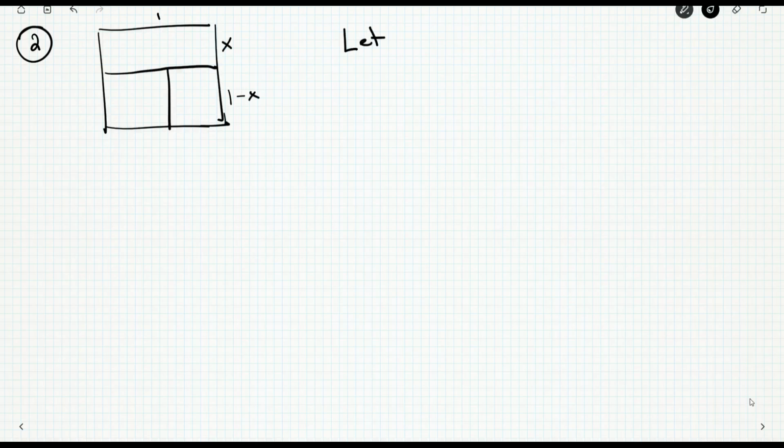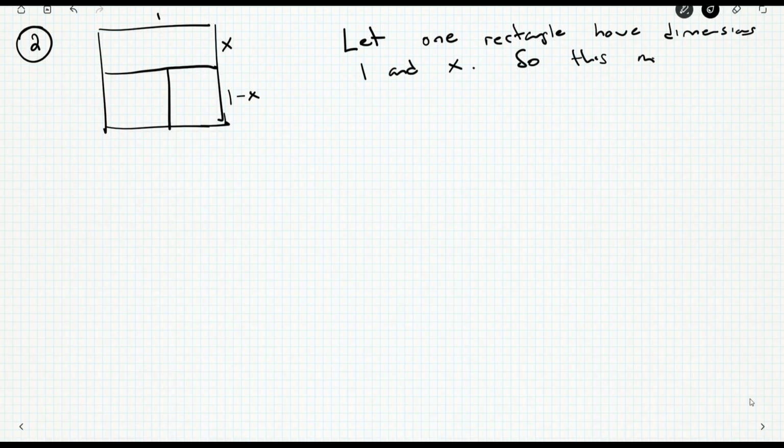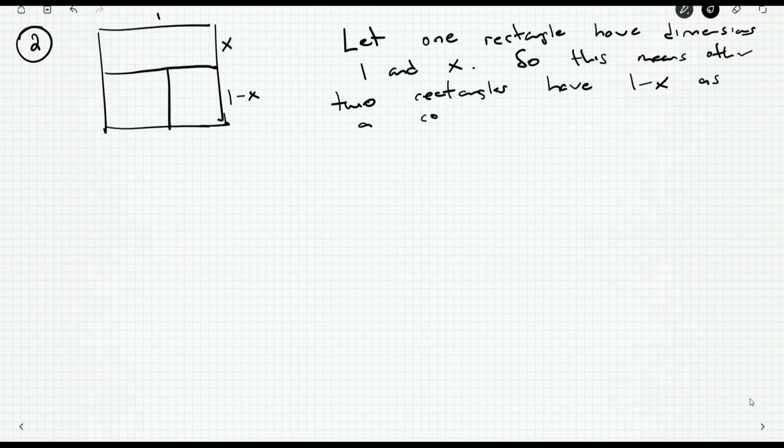So we could say something like, let one rectangle have dimensions 1 and x. So this means the other two, the smaller ones, have rectangles with 1 minus x as a common side length.